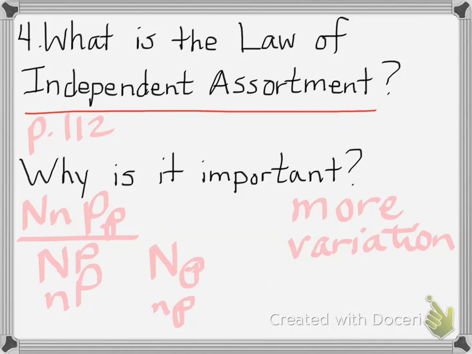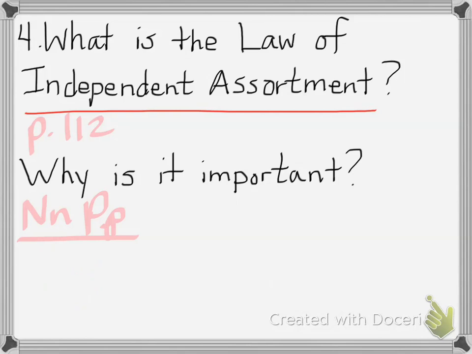Let's say that if the law of independent assortment didn't work, and that big N always went with big P, and little n always went with little p, and nothing else could happen, would you get as much variation? No, because you wouldn't have as many combinations. But because of the law of independent assortment, we know that's not what happens. Every combination is possible.